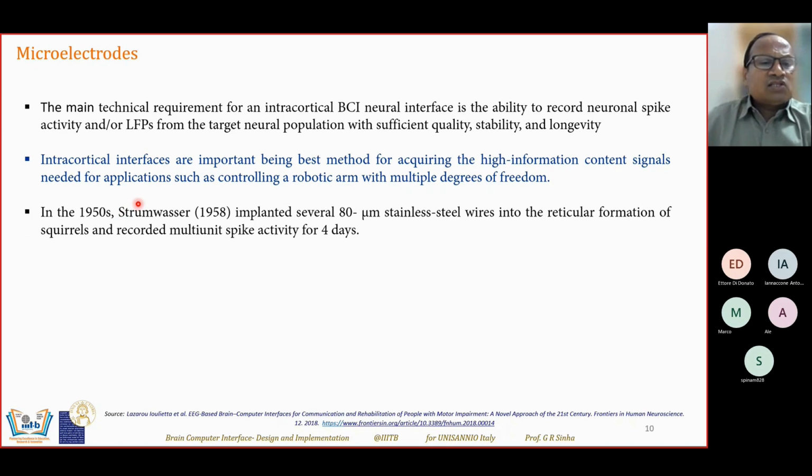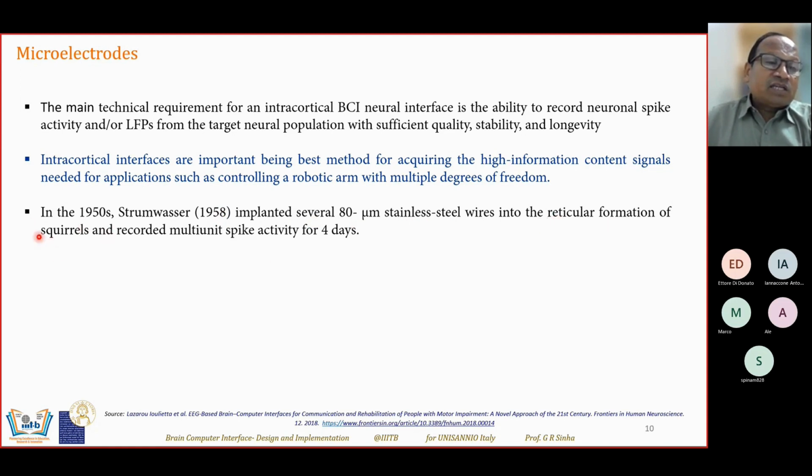So this is one historical background. Some work started in the 1950s, and Strumwasser in 1958 implanted several 80 micrometer stainless steel wires into the reticular formation of squirrels.